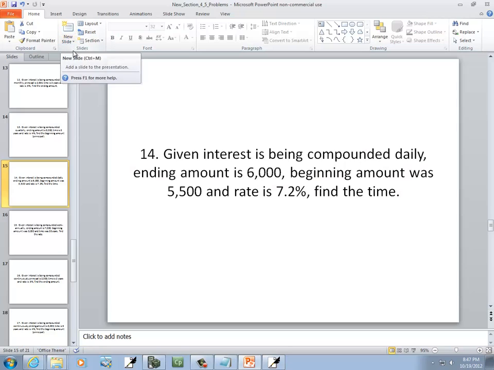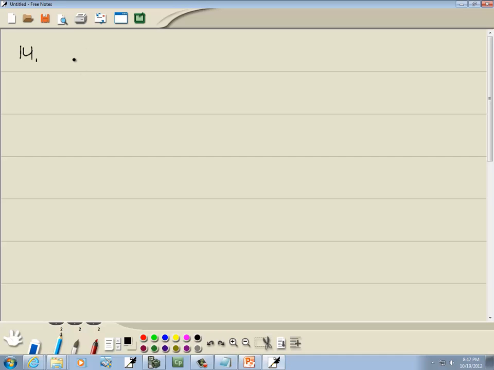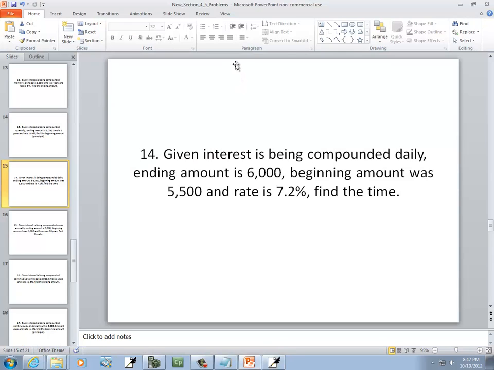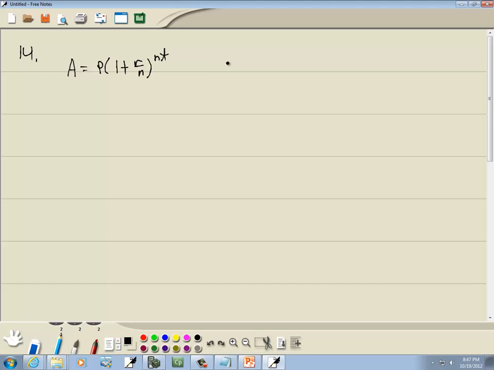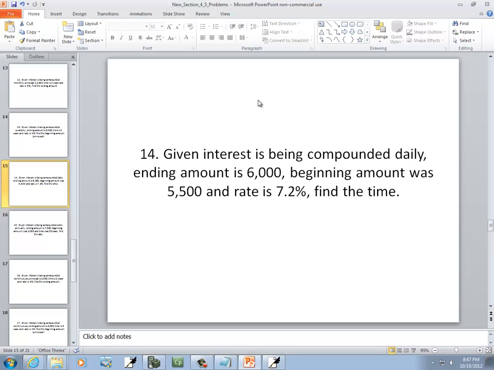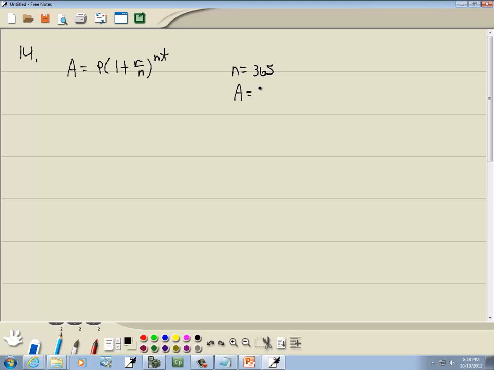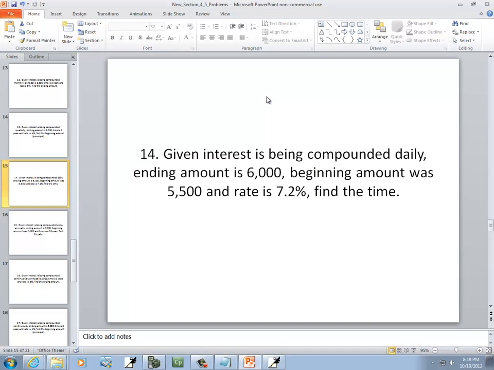Given interest is being compounded daily, ending amount is 6,000, beginning amount was 5,500, and rate is 7.2%. Find the time. Nowhere does it say continuous, so we want to use this formula. Let's write down what they give us. Compounded daily tells us n is 365. Ending amount is 6,000, so A is 6,000.